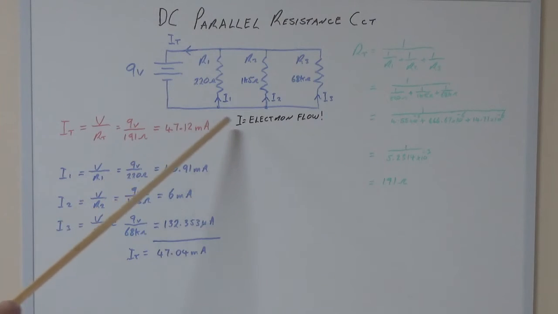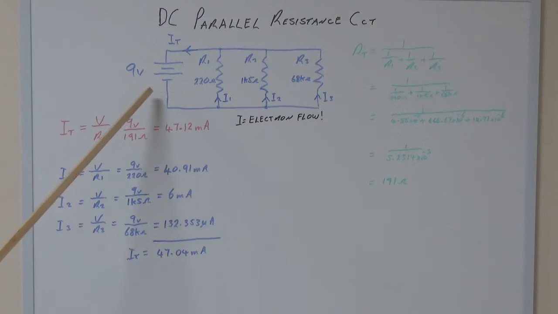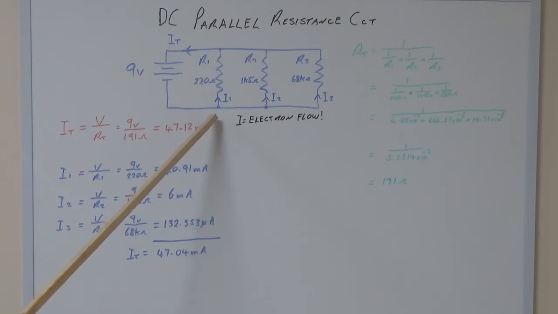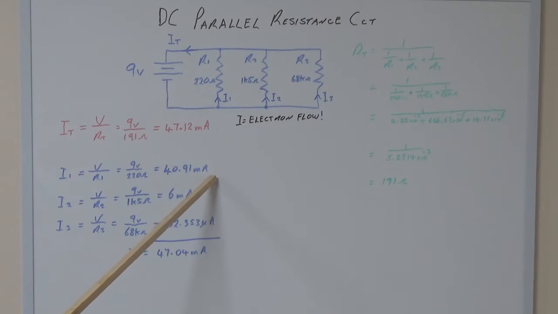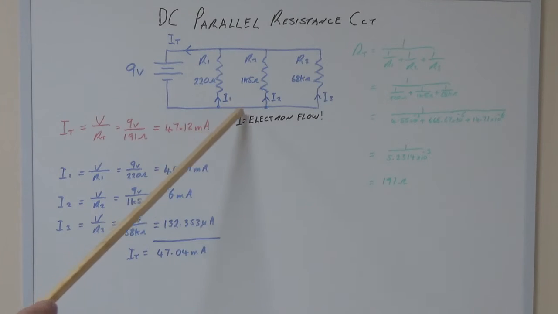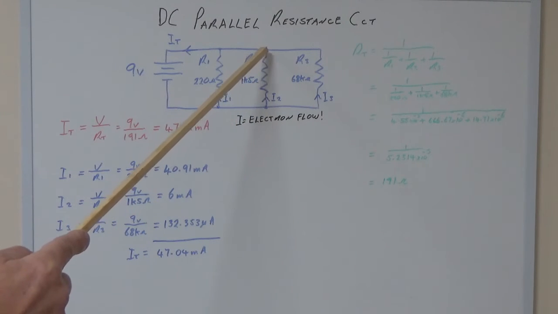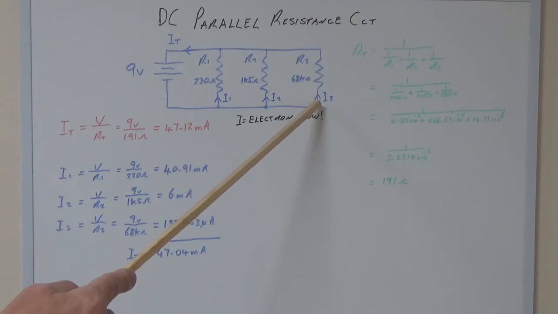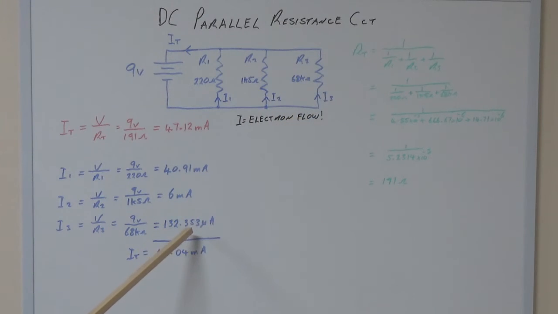And you can see that this parallel circuit is a current divider. So the current, using electron flow, is leaving the negative terminal, travelling along, and it meets this intersection here. Some of the current goes up through here, which is the 40.91 milliamps, moves along, more current travels up through here, which is the 6 milliamps, and finally, I3, being the larger resistor, is 132.353 microamps.